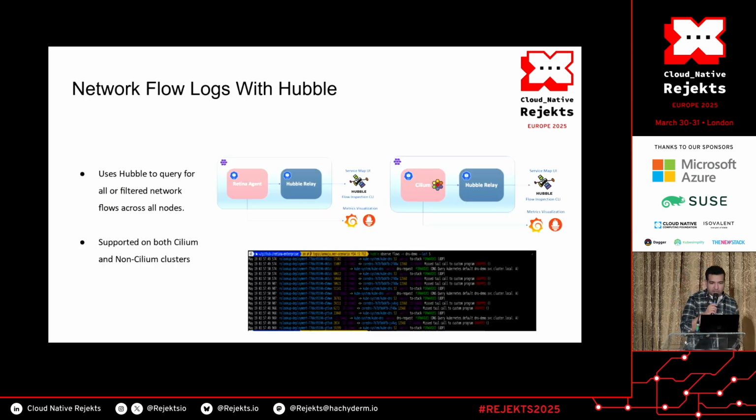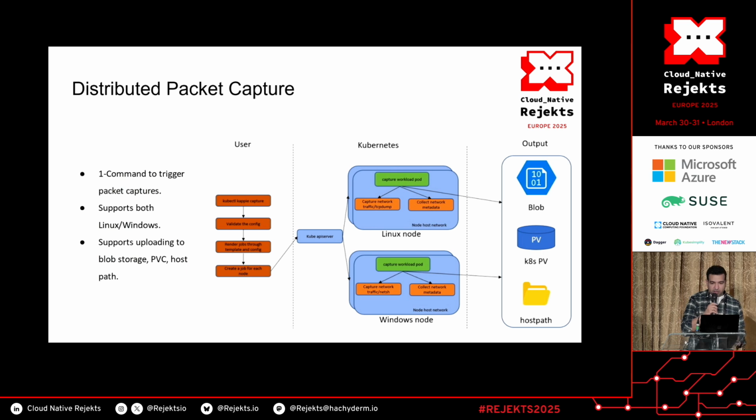And because we use Hubble for the data enrichment, we also make the Hubble network flow logs available. And again, that works in Cilium or non-Cilium clusters. And the last thing is packet capture, which we make available on demand for nodes and for any pod.